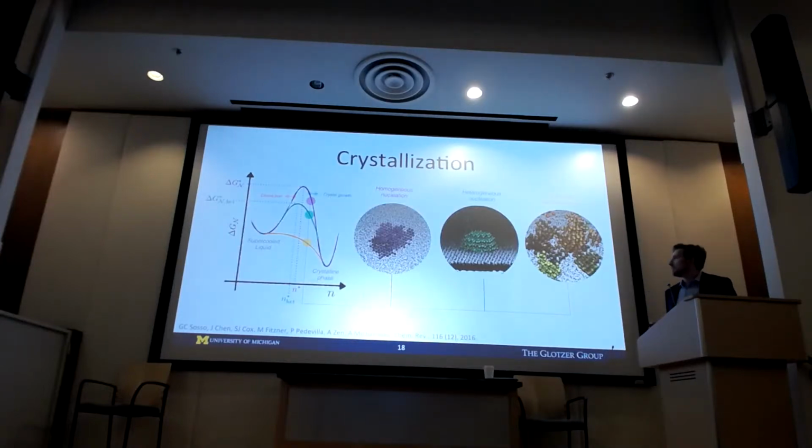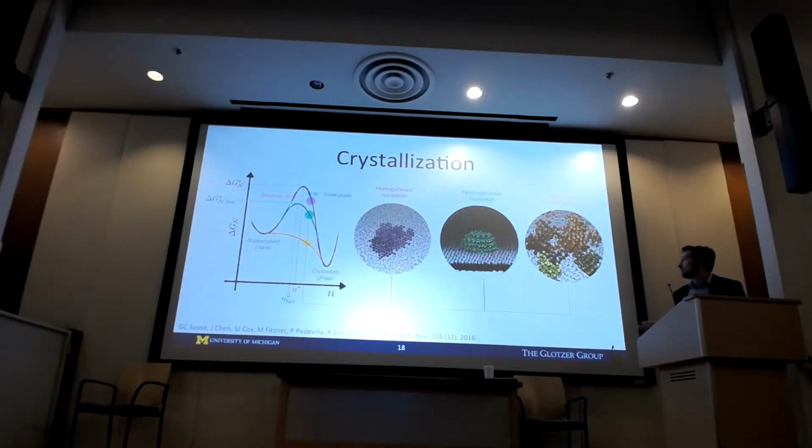So how is it usually described? We have various modes of crystallization. We have homogeneous nucleation, where we have some random fluid, and all of a sudden, completely spontaneously, a bunch of particles start to cluster together, and they form some periodic structure, maybe they increase their density locally, and then it grows from there.